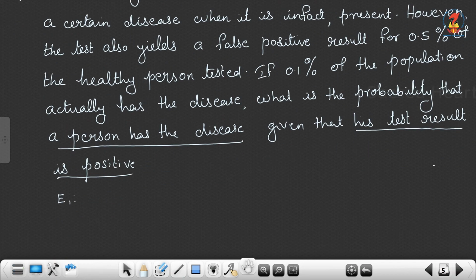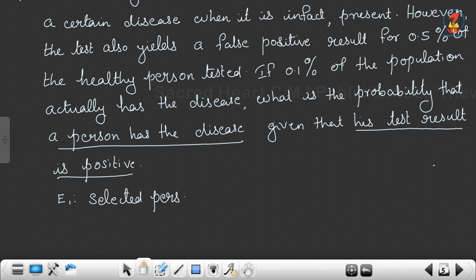The selected person has disease. We have to select a person and the person has disease. That is E1. E2 means the person has not disease, he is a healthy person.